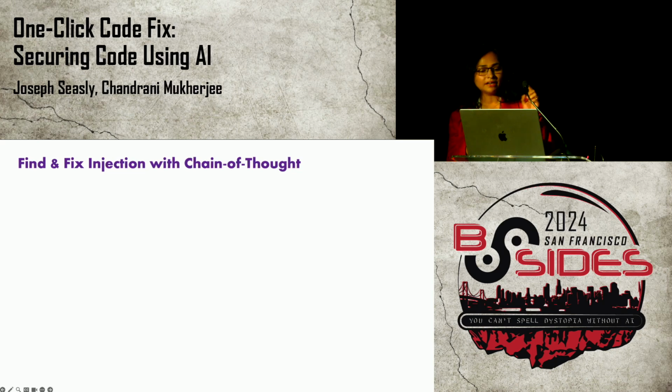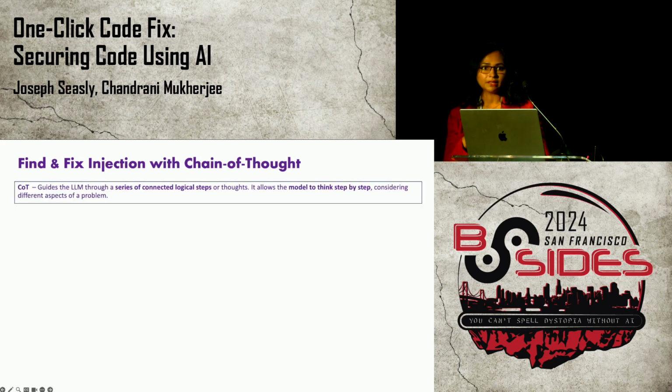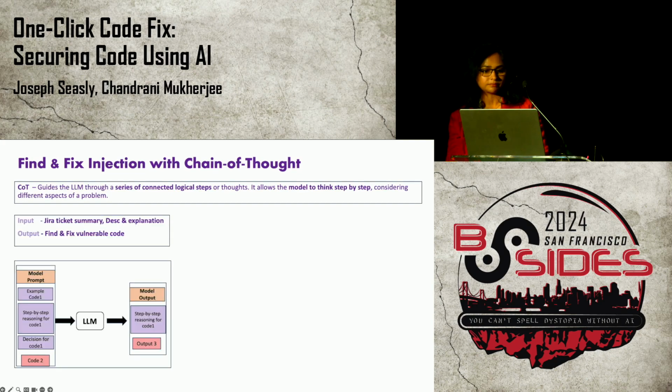Basically, you have a problem statement and you explain the problem. If you are giving a decision to the model, you also explain why you are taking that decision. You want the model to think the way a human would think, and mimic that entire thought process.